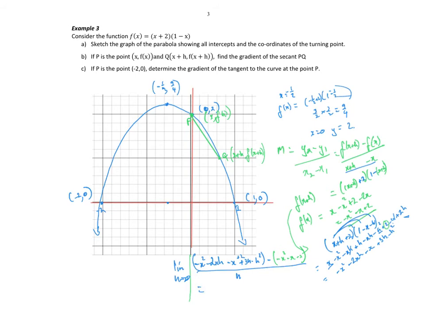Now, if we've got this right, we should get a few things cancelled out here. Minus x squared and minus x squared cancels. Minus x minus x is plus x, it cancels. Plus 2 minus 2. Ooh, hang on. What do we got there? I've got a sign out. Plus 2 in green, blue is definitely right.